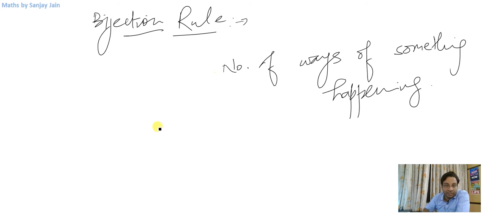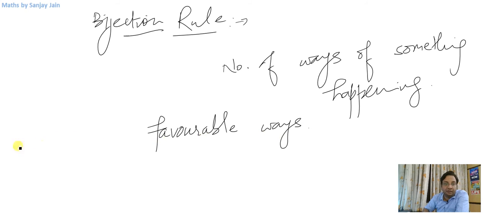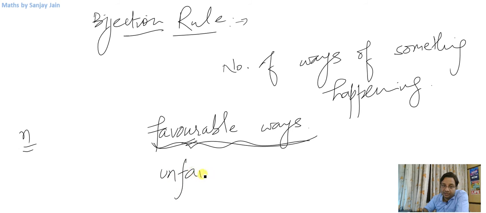So what I'm saying is, if you have to count the number of favorable ways, out of total n ways, the number of ways in favor of that occurrence, and it is getting very difficult, then you can count the ways that are unfavorable and subtract it from the total.